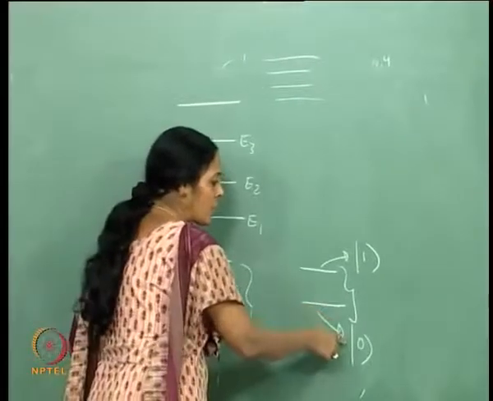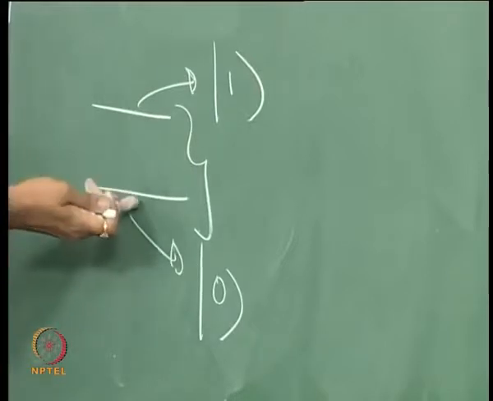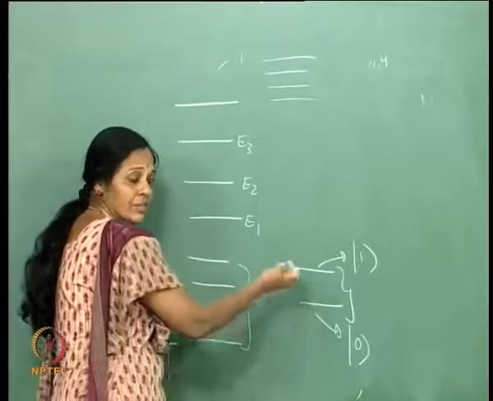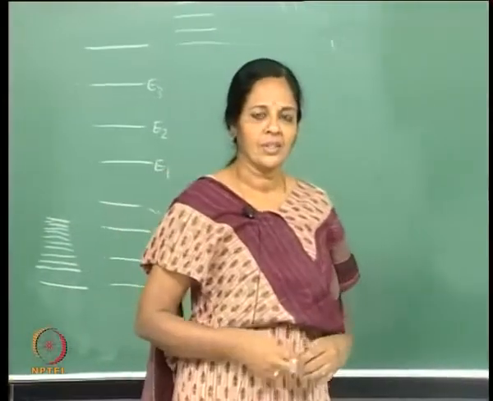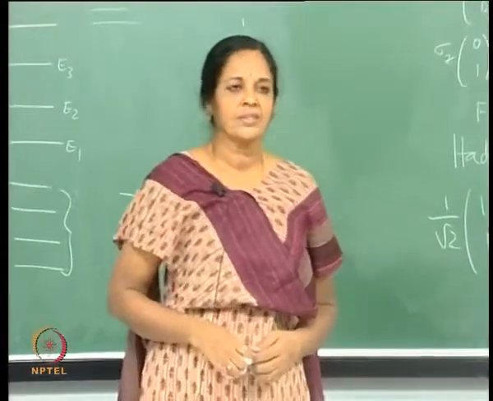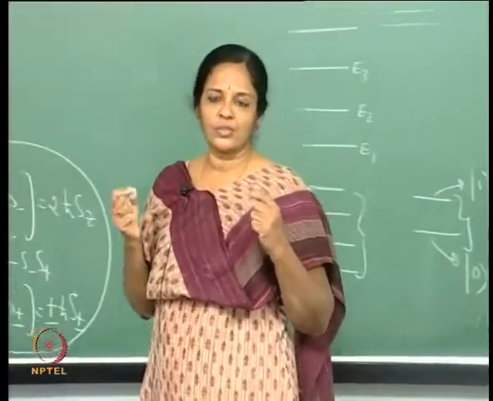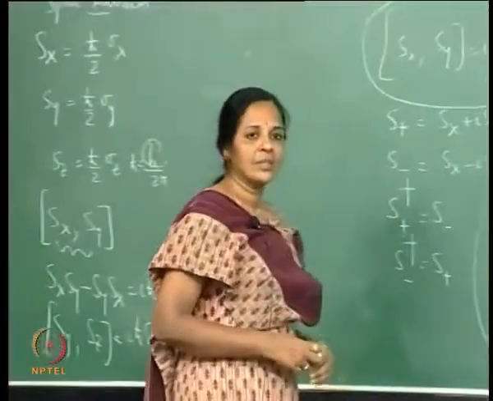I will have these 2 states. The linear vector space is a 2-dimensional vector space, and I will talk about the matrices or operators which will take you from this level to that level and vice versa. That is where these spin matrices become very important. So, I will discuss the 2-level atom tomorrow to give you a specific physical situation where the algebra of the spin matrices becomes important.